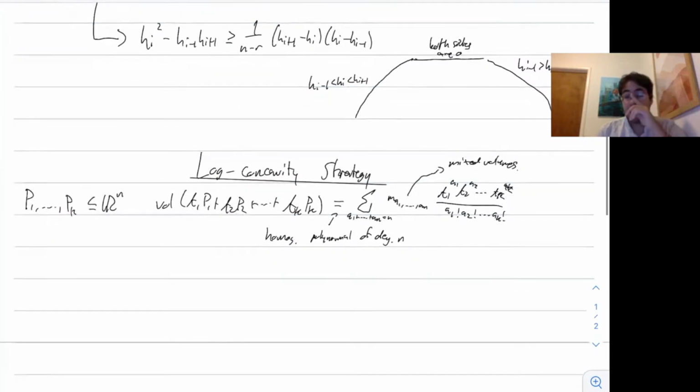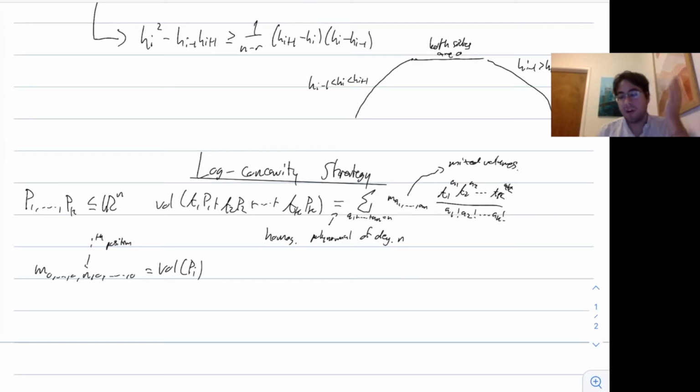So what are the essential features of these mixed volumes? Well, for example, if I take M(0,...,n,...,0), this is just the volume of Pi, where the n is in the ith position.